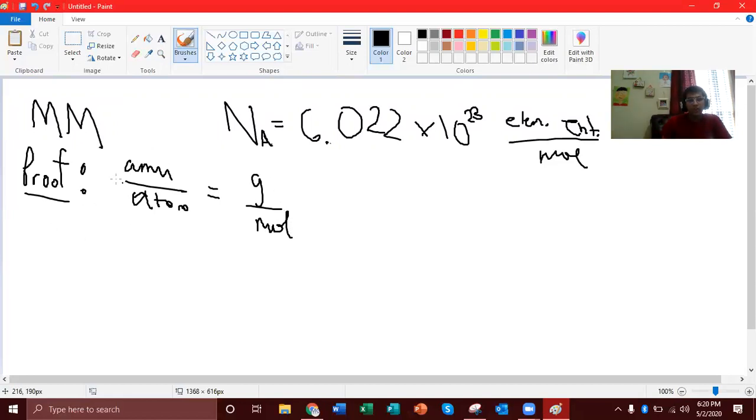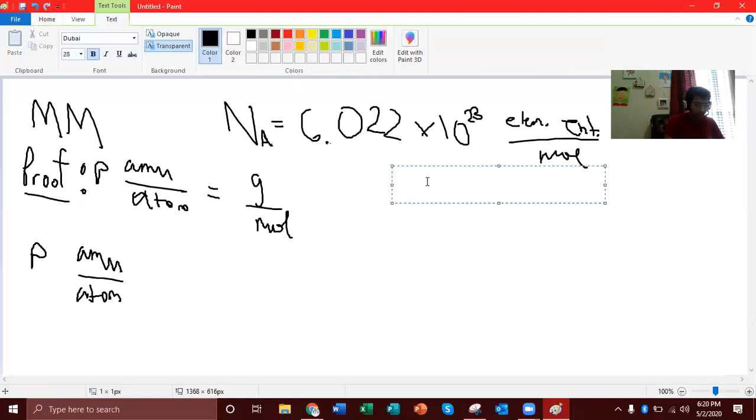Well, if we look at the periodic table, for each element we can assign its average atomic mass, P, in AMU per atom, right? The average atomic mass, that number, I'm referring to as P. So I'm going to define P right here for you.